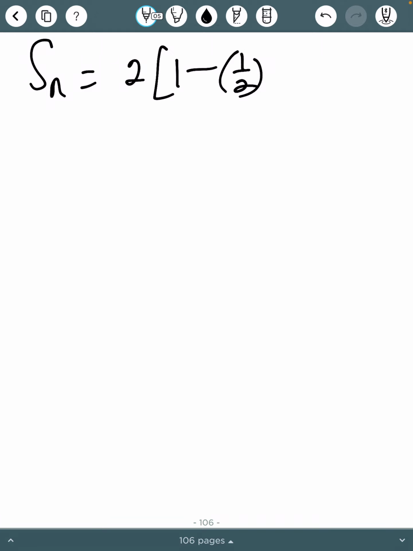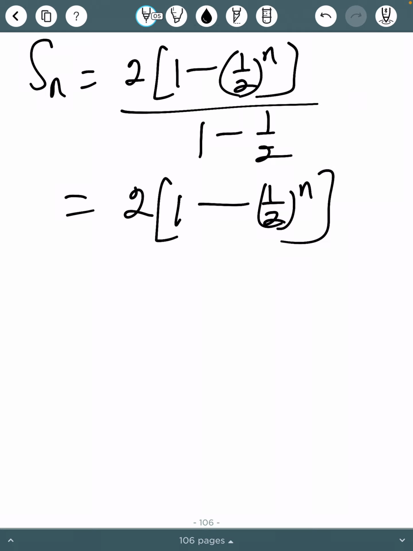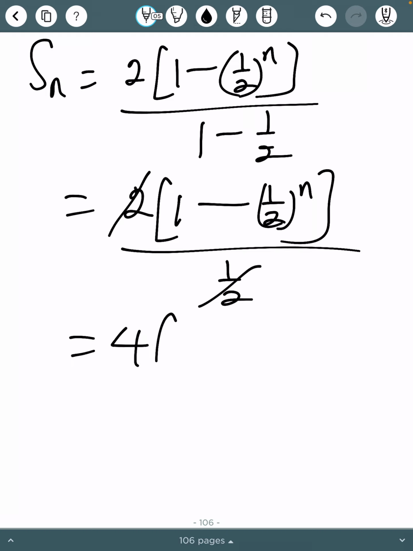And that gives me Sn is equal to 2 open bracket 1 minus half raised to power n over 1 minus half. 1 minus half is half. 2 over half here will give me 4 open bracket 1 minus half raised to power n.